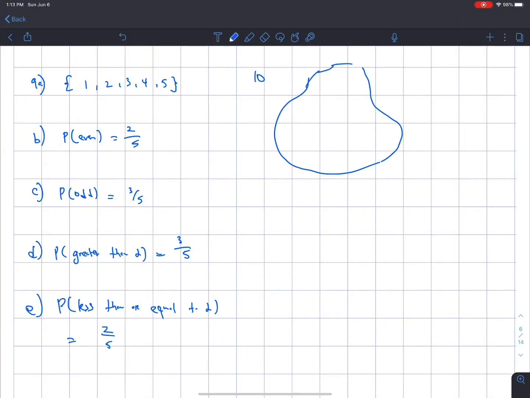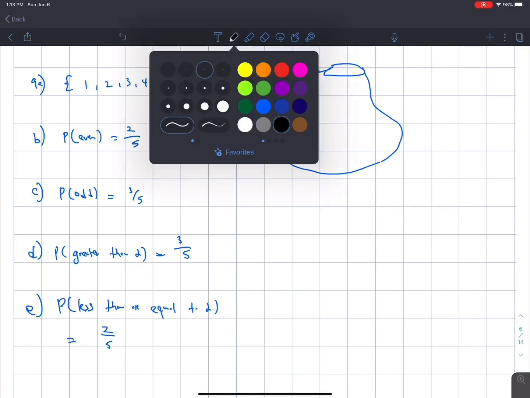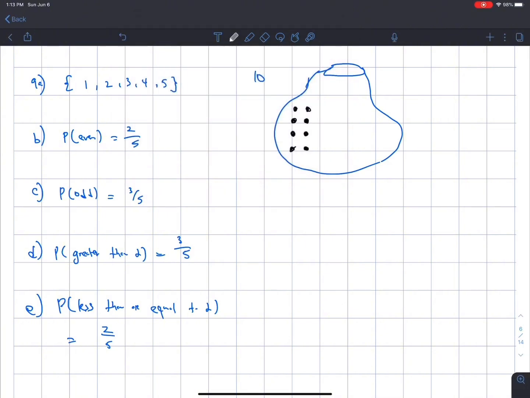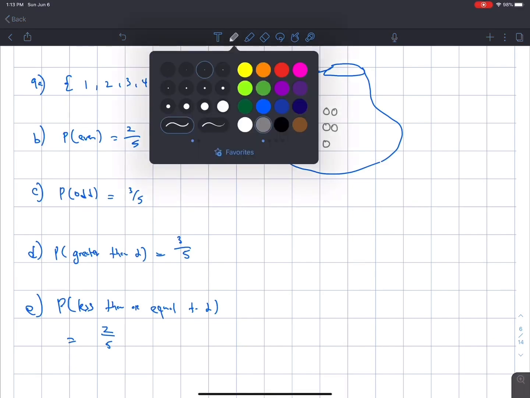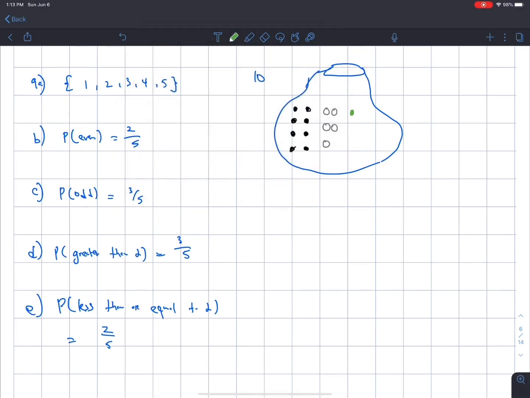Let's say this is the bag. 8 black: 1, 2, 3, 4, 5, 6, 7, 8. 5 white, I'll use gray for whites: 1, 2, 3, 4, 5. 4 green, and 3 red.